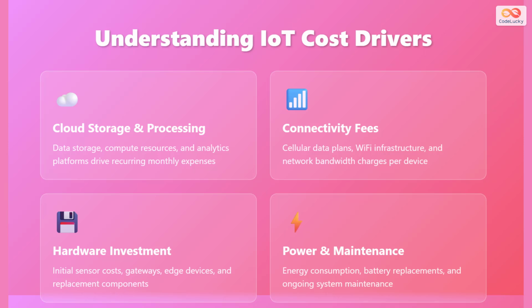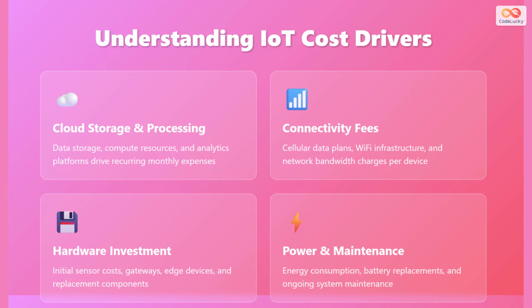Before diving into optimization strategies, it's crucial to understand where your money is actually going. Cloud storage and processing costs include data storage fees, compute resources for analytics, and processing platforms that charge based on usage. Connectivity fees come from cellular data plans, Wi-Fi infrastructure maintenance, and bandwidth charges that multiply across every connected device.